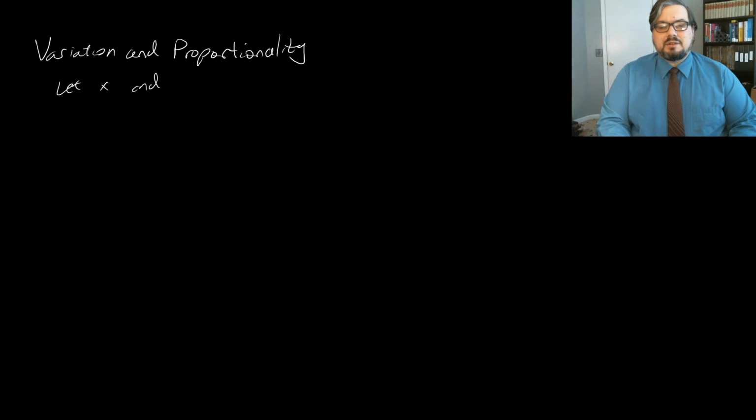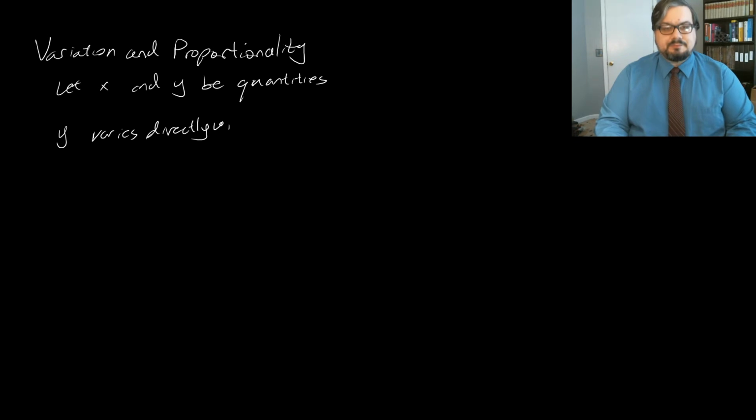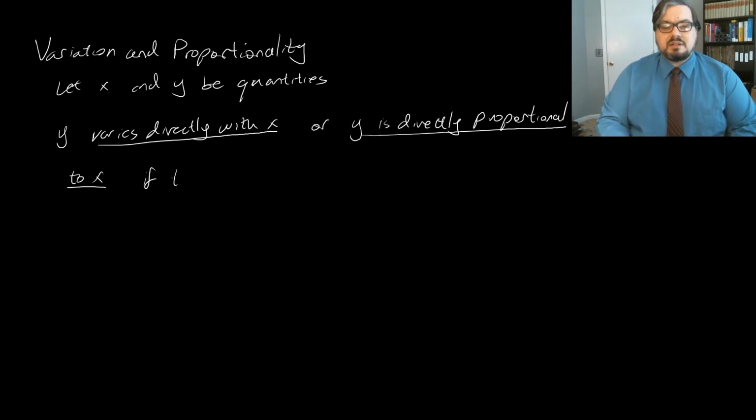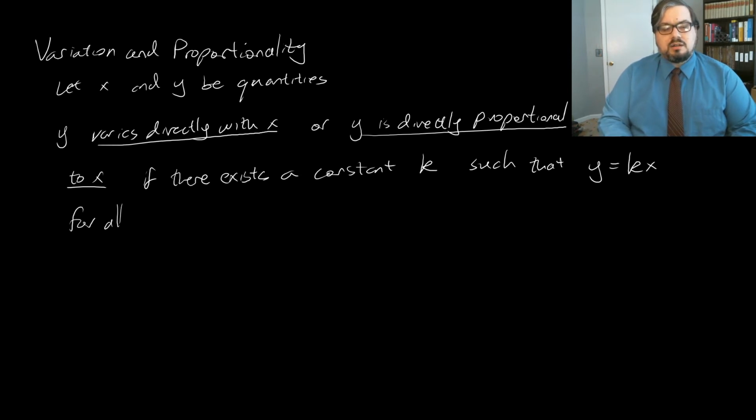Let x and y be quantities. And we say that y varies directly with x, or an alternative way of saying this is that y is directly proportional to x, if there exists a constant k such that y equals kx for all values of y and x.